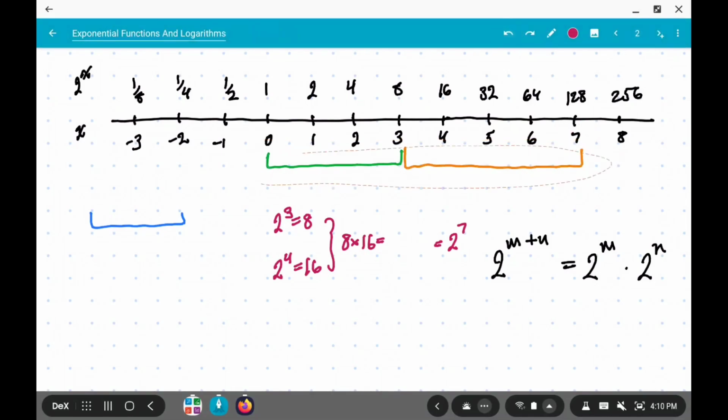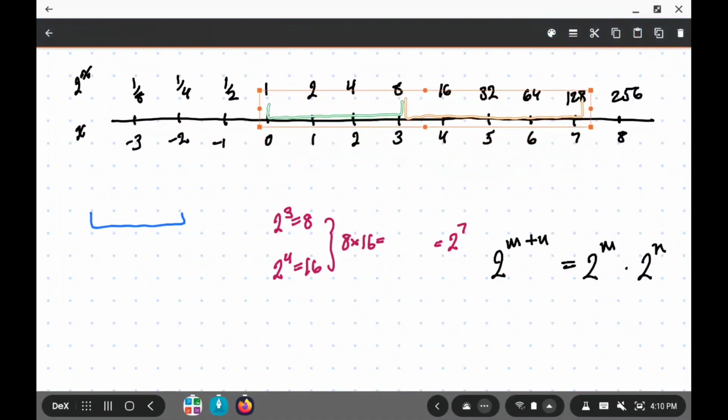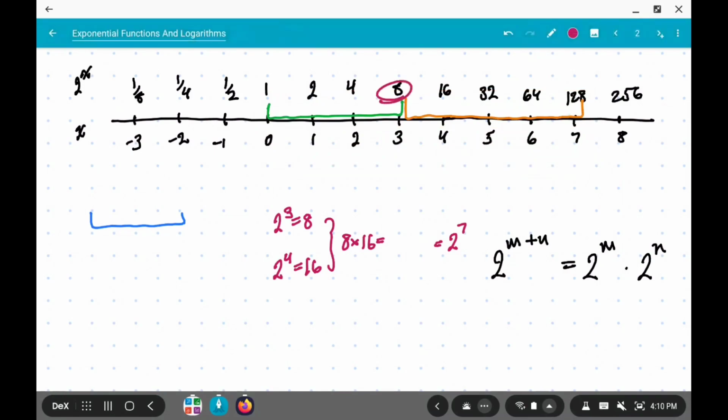But if I look up top on my exponential numbers, this is 8, and then the orange number represents 16. And I see that 128 is my result. So that's a key fact of multiplication of things with exponents.